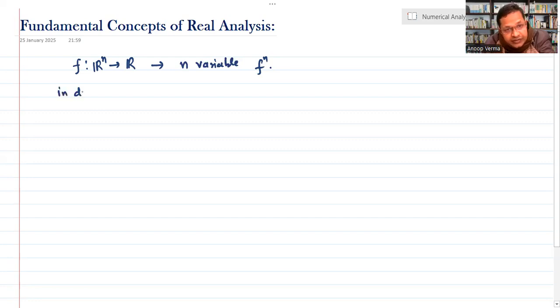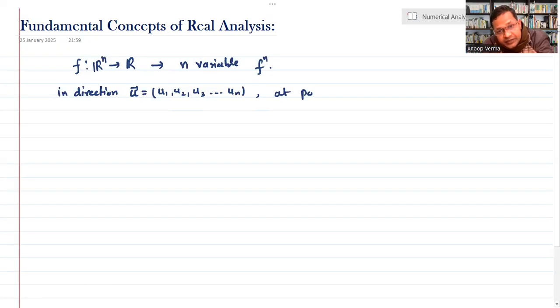This u vector has points from Rn, so it is u1, u2, u3, and so on up to un. And let the point be c, which is also c1, c2, up to cn, an n-tuple.